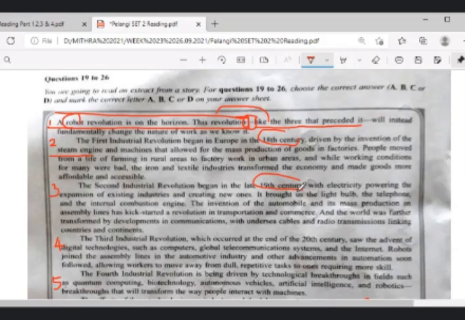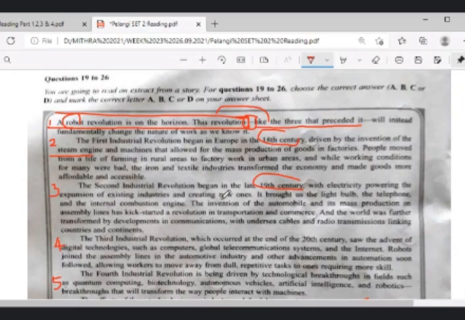This is the evolution of industry, from the first to another phase, from 1 to 2, 2 to 3. This is the development of the world of technology, and they call it industrial revolution. In the 19th century, electricity powered the expansion of existing industries and created new ones, so new inventions started to come.